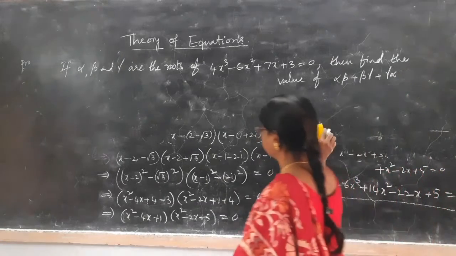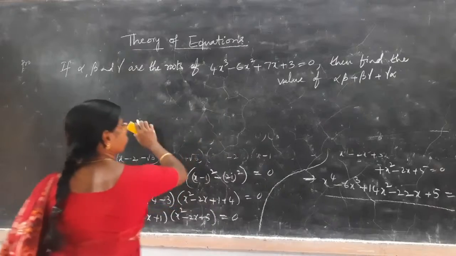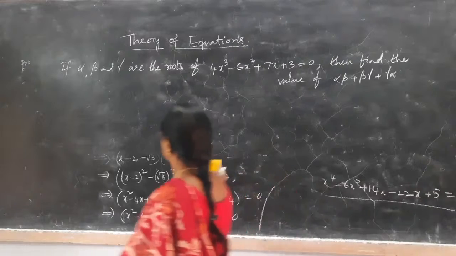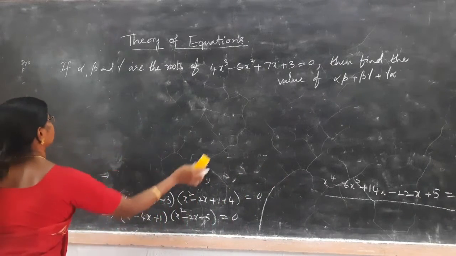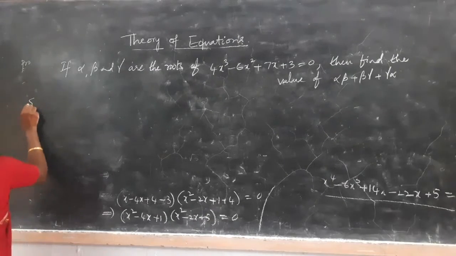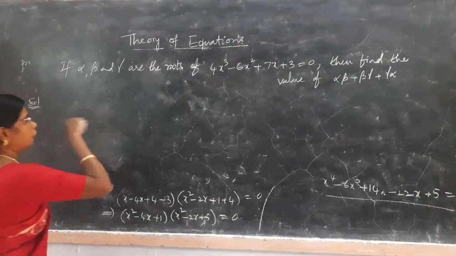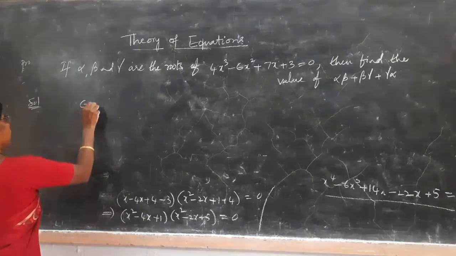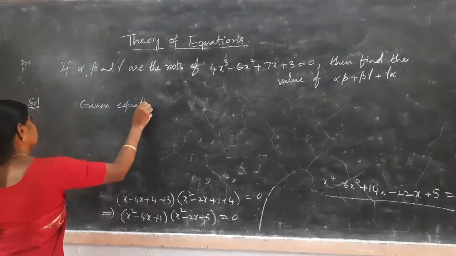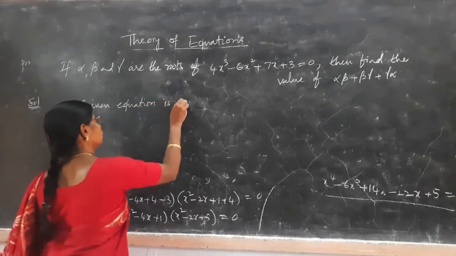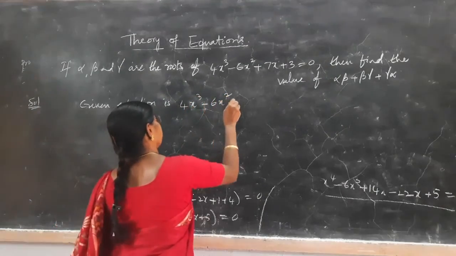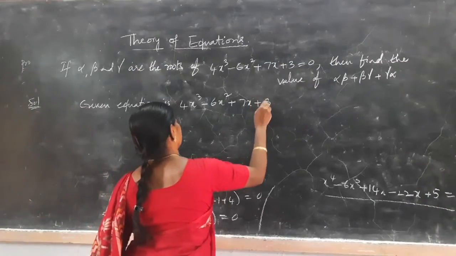Okay? So these are also very simple. These are all 2 marks problems. Given equation is 4x cube minus 6x square plus 7x plus 3 is equal to 0.